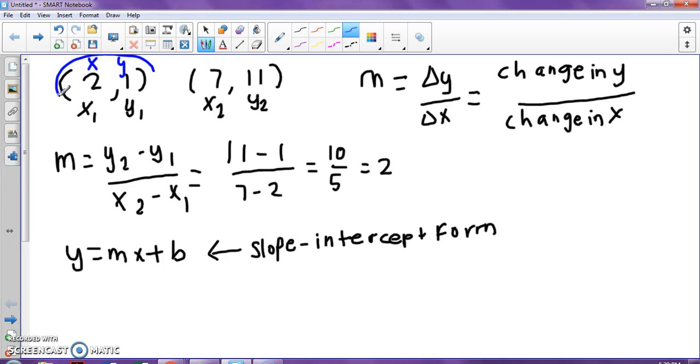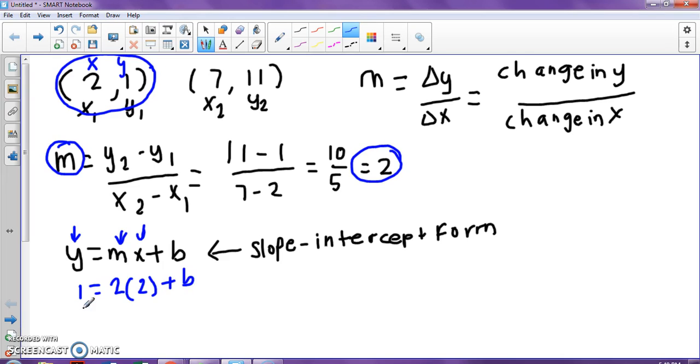So I'm going to take this point here, and my slope, which is m, and I'm going to plug in to those 3 spots and solve for b. Right, so y is 1, m is 2, and x is 2, and I'm going to solve for b. Right, so m times x is 4, right, and to solve for b I need to subtract, right, so it's positive, so I'll subtract.